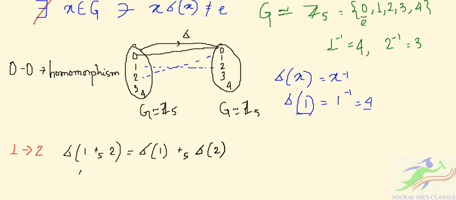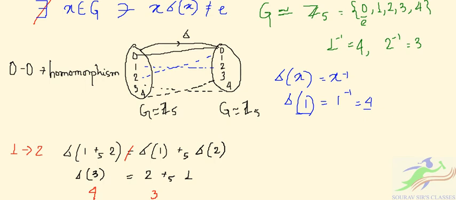So 1 plus 2 is sigma of 3, which is 4. And sigma of 1, we have considered it as 2, and sigma of 2 is 1, modulo 5, giving 3. So the left side is 4 and the right side is 3, so it is not equal.